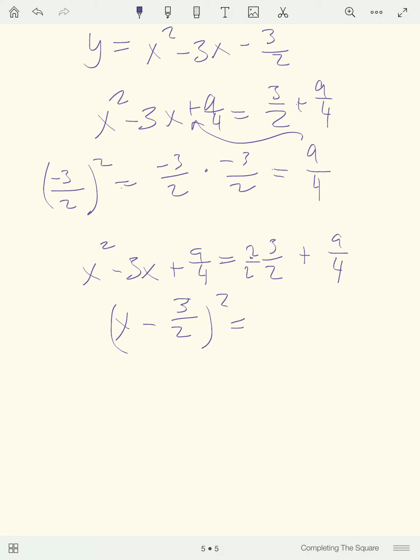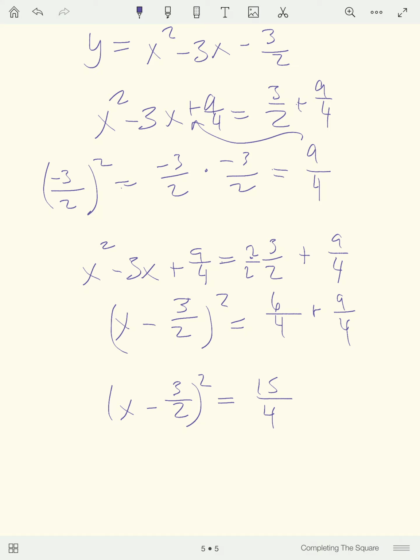So we get 2 times 3 equals 6 over 2 times 2 equals 4. Plus 9 over 4. And that is, of course, going to be 9 plus 6 is 15 over 4. So let's rewrite that. We've got x minus 3 over 2 squared equals 15 over 4.